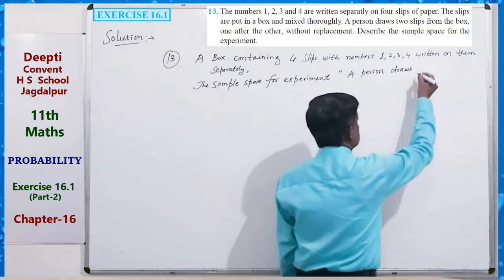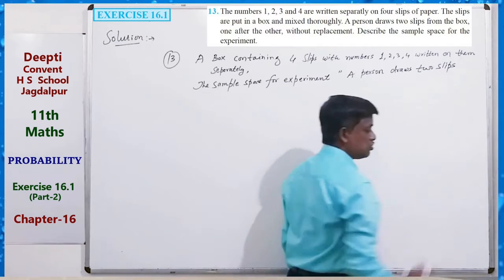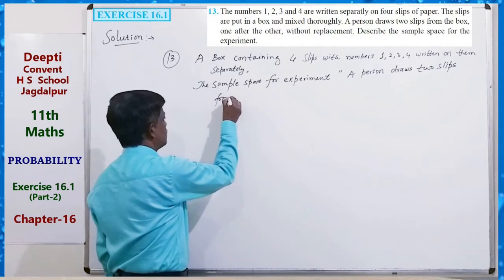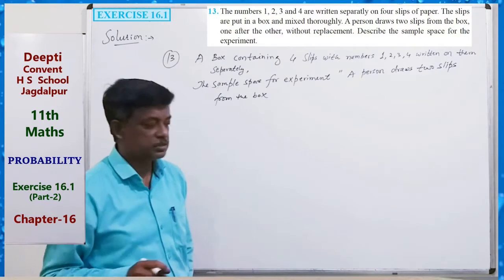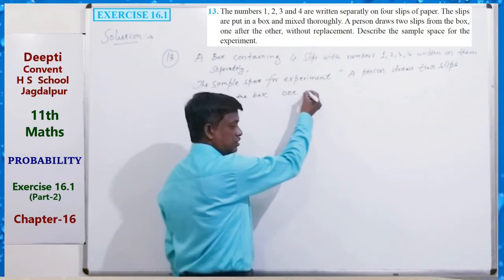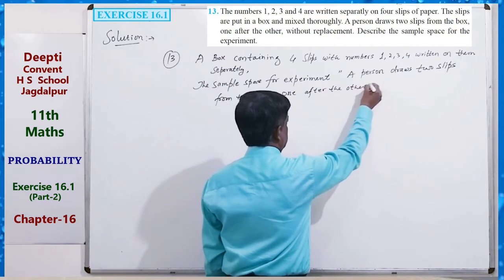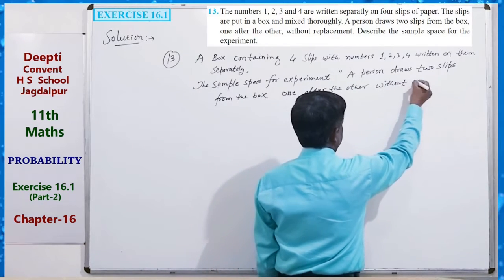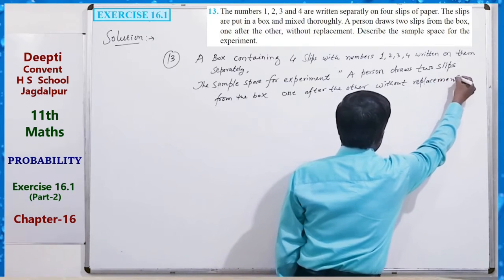A person draws two slips from the box, one after the other, without replacement.